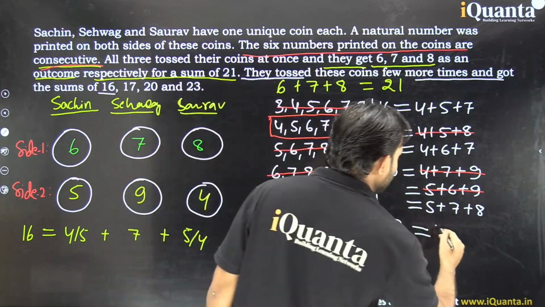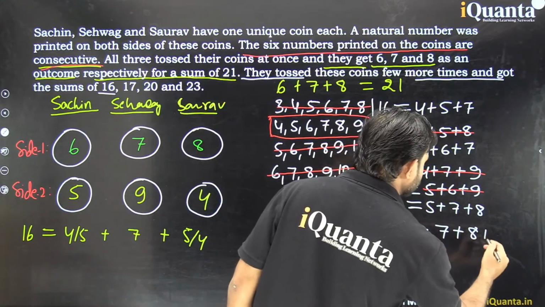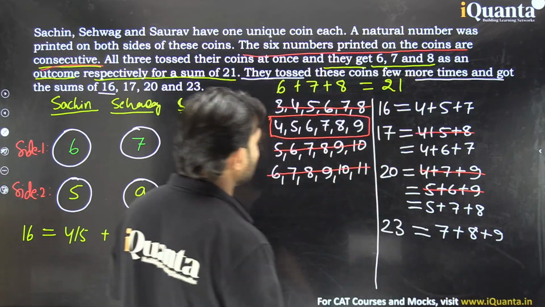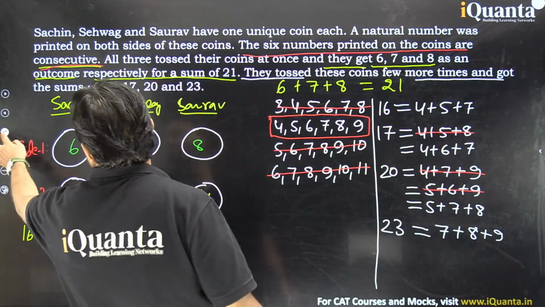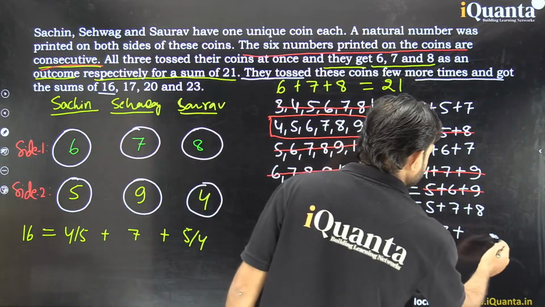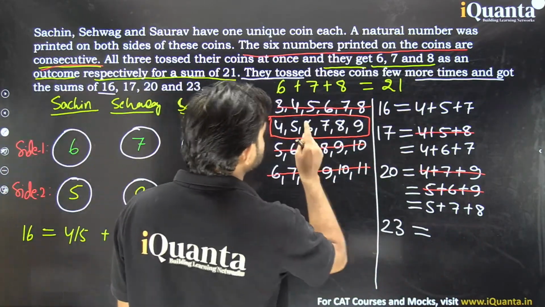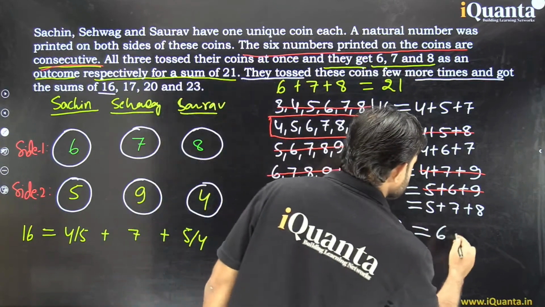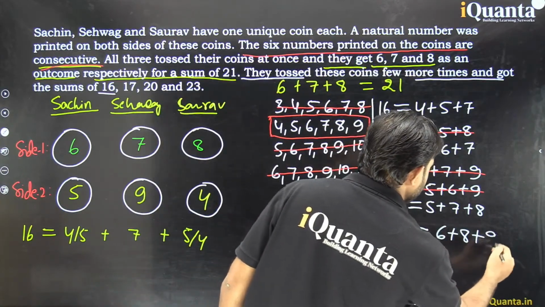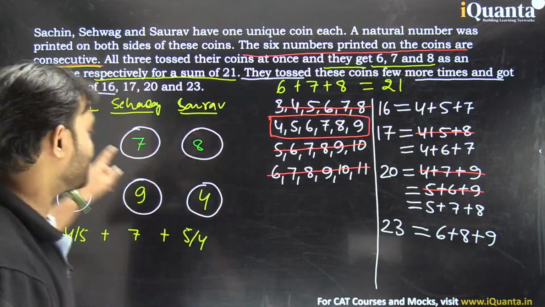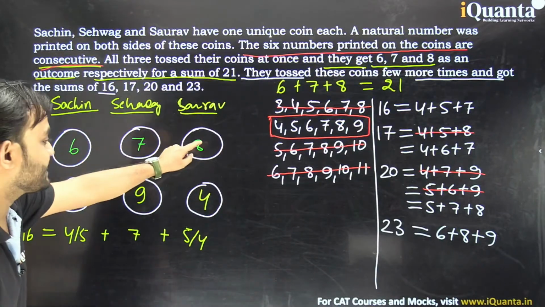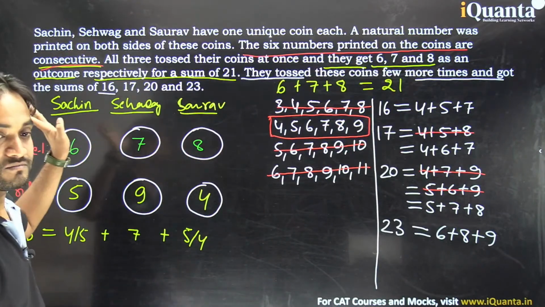So it will be 7 plus 8 plus 9. How much is this? No, not 7 plus 8 plus 9. It will be 6 plus 8 plus 9. Now this is possible. See, 6 plus 8 plus 9. This is possible.